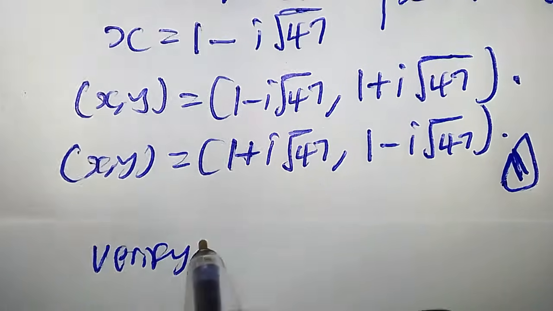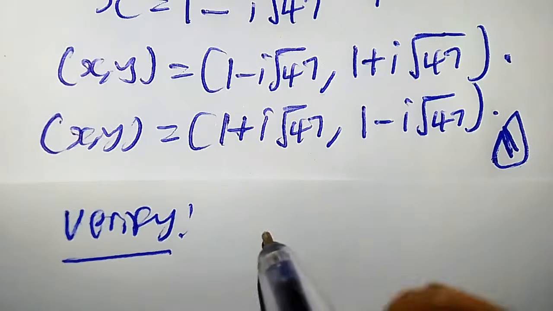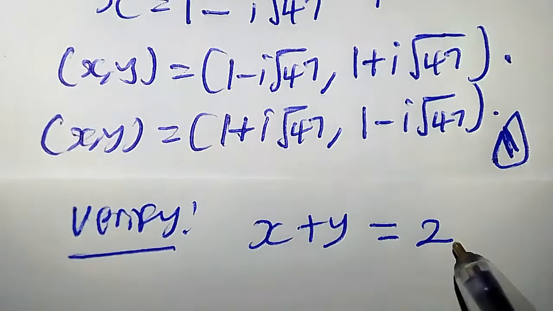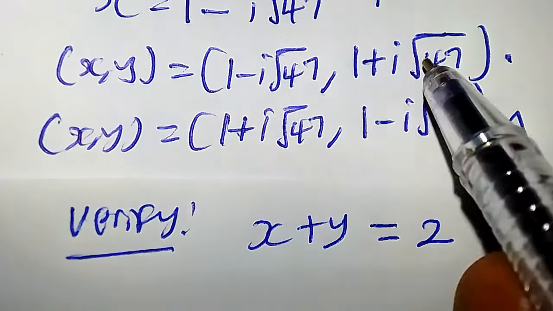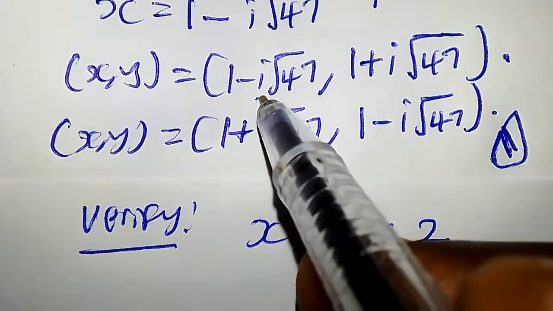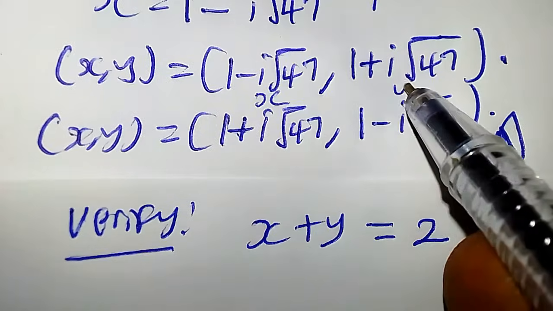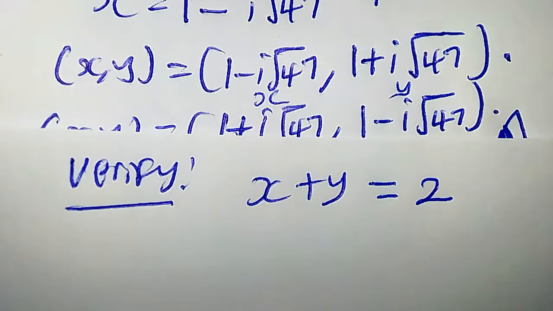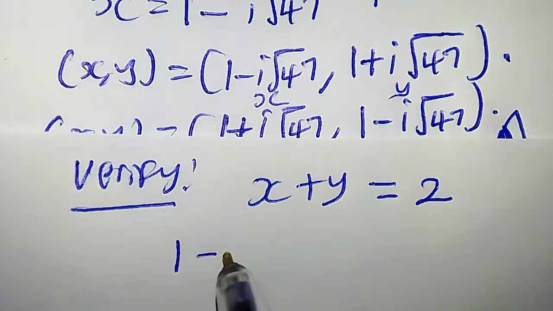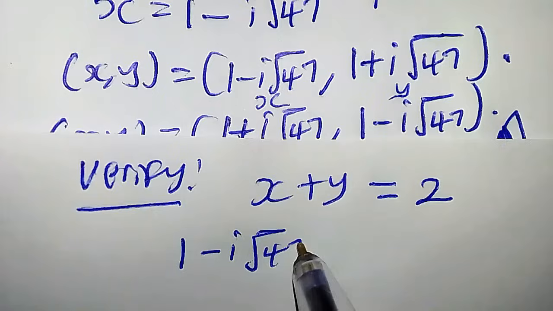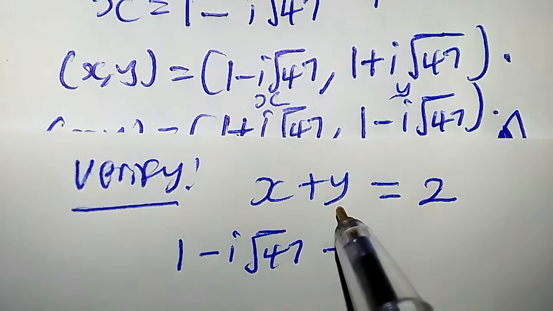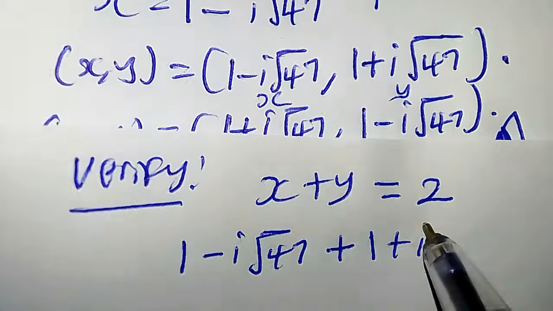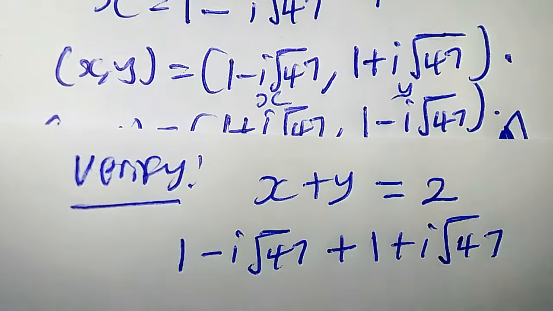Verify. Using the first equation, x plus y equal to 2. Considering this first solution, this is our x and this is our y. So plugging these values into the left hand side, we simply have 1 minus i times square root of 47 plus y, that is 1 plus i times square root of 47.